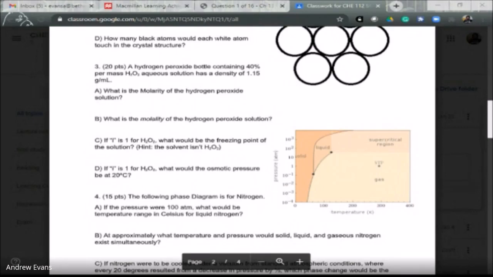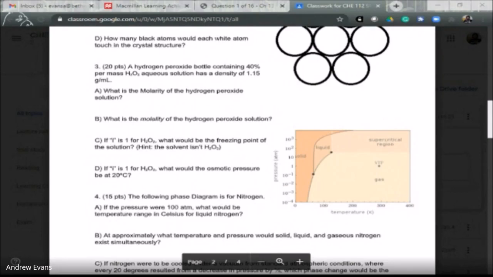Phase diagram for nitrogen. Notice this temperature is in Kelvin. If the pressure was 100 atmospheres, what would be the temperature range in Celsius for liquid nitrogen? So if this is atmospheres, 100 is 10 squared. So liquid would be from about here to about there.